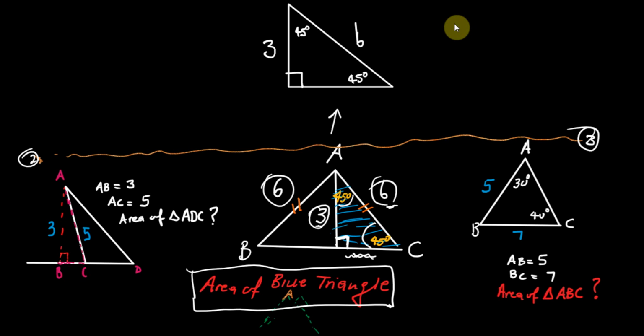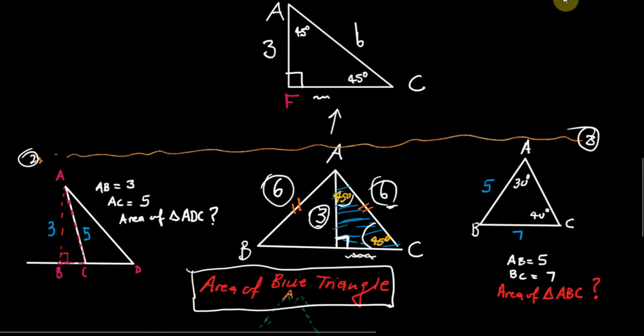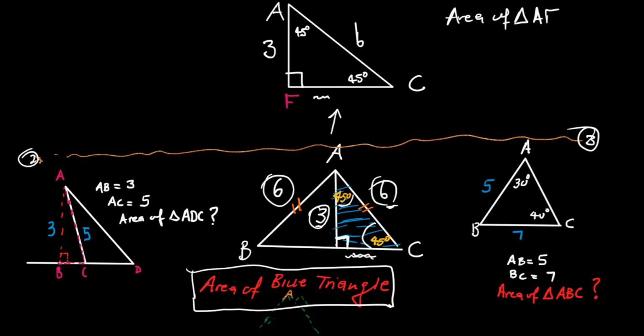So we have A, and then we have C there. So what we're going to have is the area. You can call this one F. So the area of triangle AFC will be equal to half, then multiplied by your base.